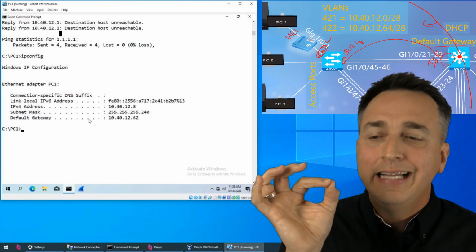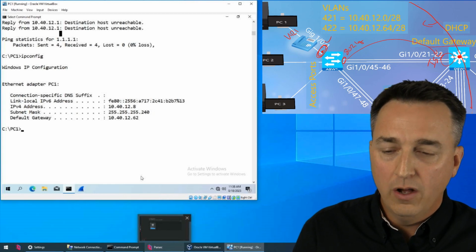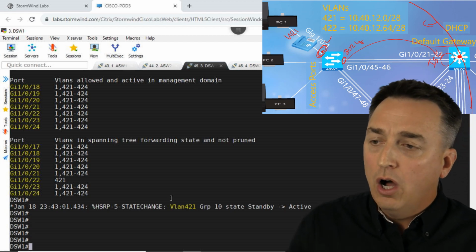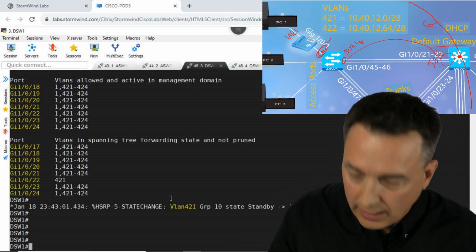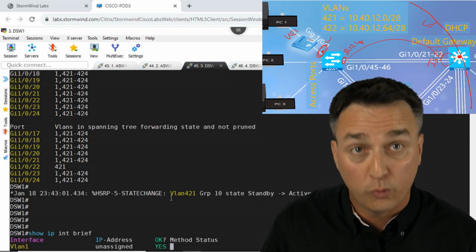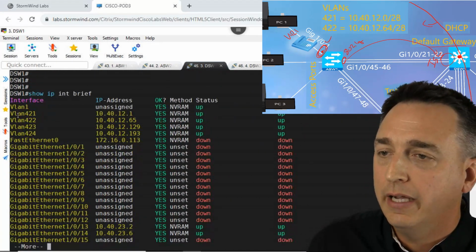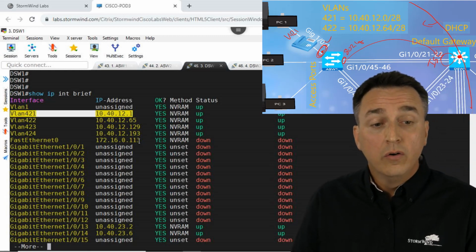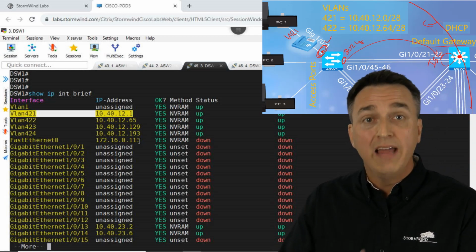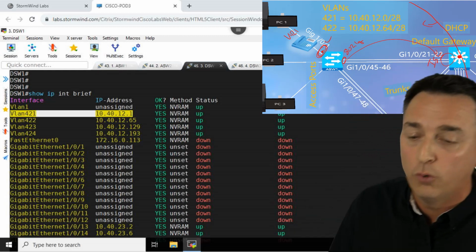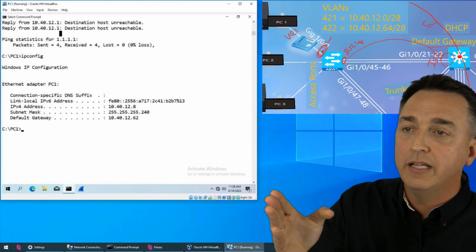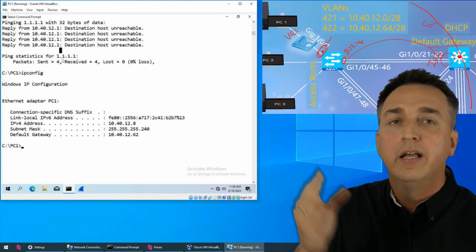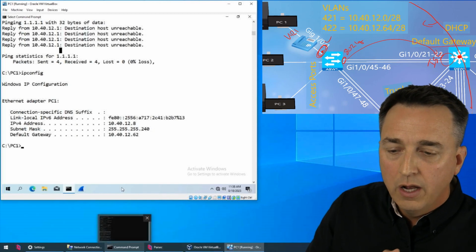It would be the interface of that default gateway. So on DSW1, let's type in show ip interface brief, and we'll see that our SVI for that subnet, VLAN, broadcast domain is 10.40.12.1. So that is who's responding back to us. It is DSW1 responding back saying destination host unreachable.